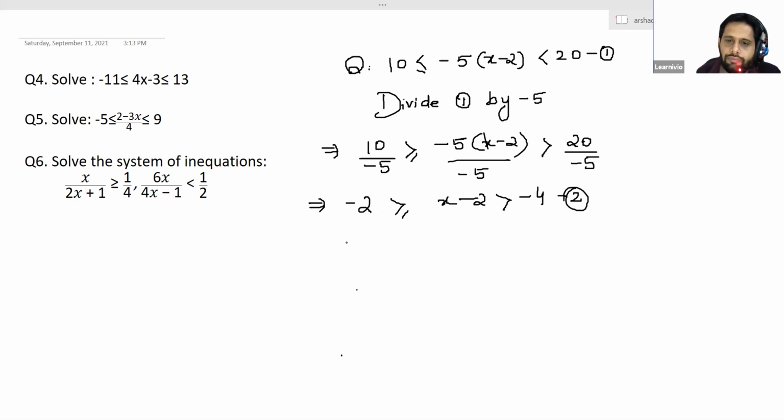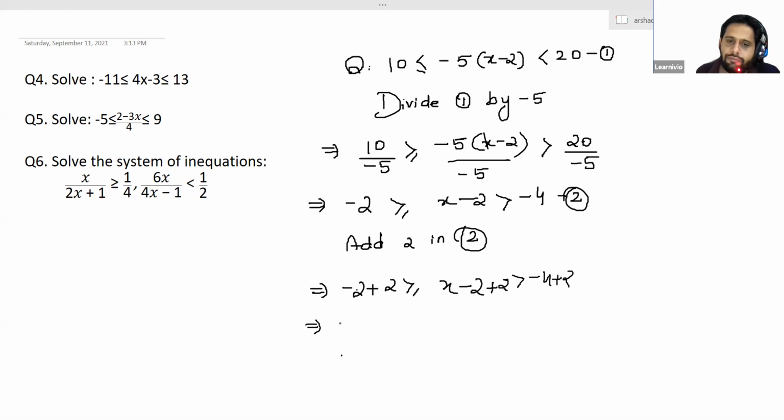Now Rishan, we need to remove this -2, so let this be equation 2. We will add 2 in equation 2. So this will become -2 plus 2 greater than or equal to x minus 2 plus 2 greater than -4 plus 2.